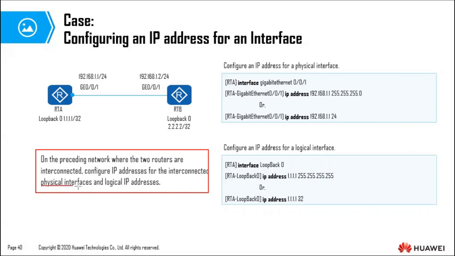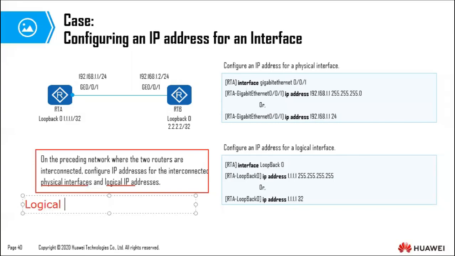So a physical interface, as the name suggests, is an actual interface that you can connect a particular media on, whether it's fiber or RJ45. So that's what we call a physical interface. Otherwise, we also have a number of logical what?